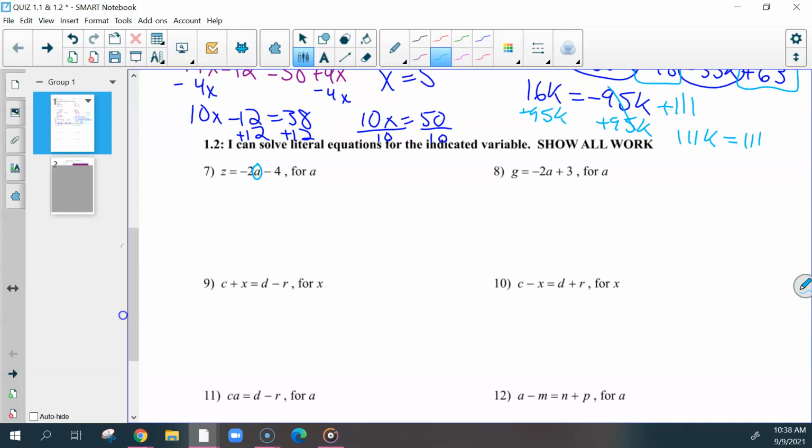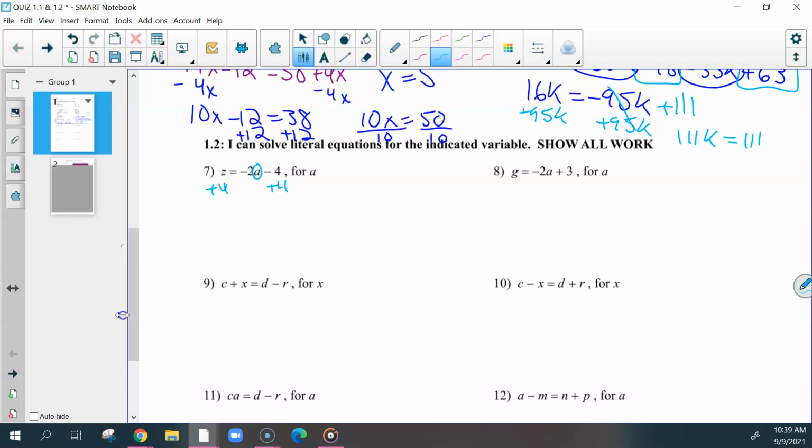So for number 7, we were trying to get a by itself. We need to get rid of the -2 and the -4. The easiest way to do this would be to first add 4 to the other side. Are 4 and z like terms? Can I combine 4 and z?